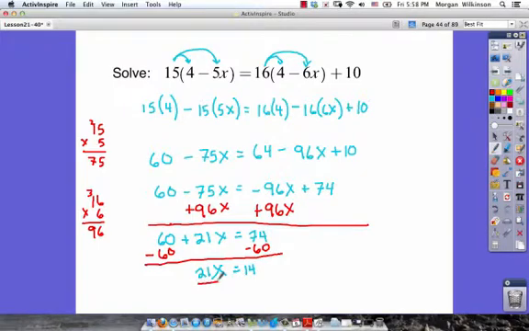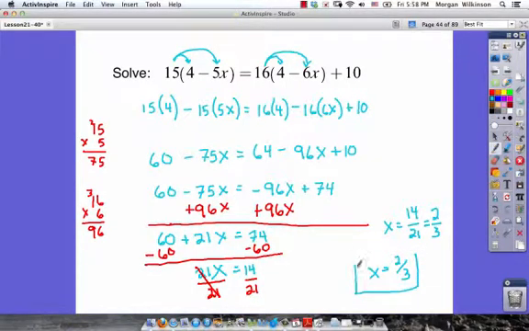Let's go ahead and divide by 21. 21 divided by 21 is 1, so we're just left with 1x. 14 over 21 is what x is equal to. We know we can divide both of those numbers by 7, so if we do that, we're going to get an answer of 2/3. So our final answer, x must be equal to 2/3, and we've solved this problem.